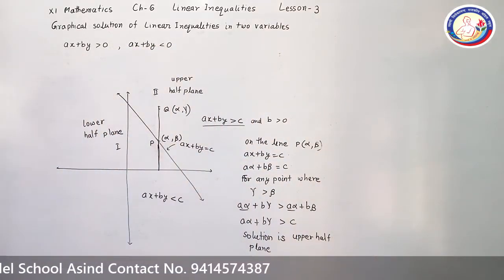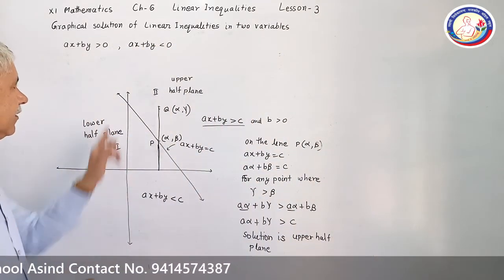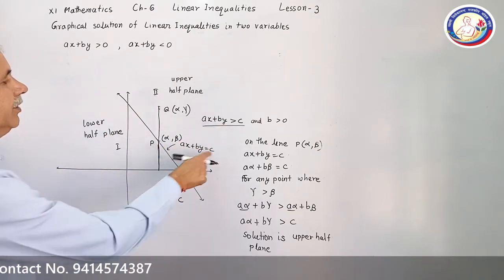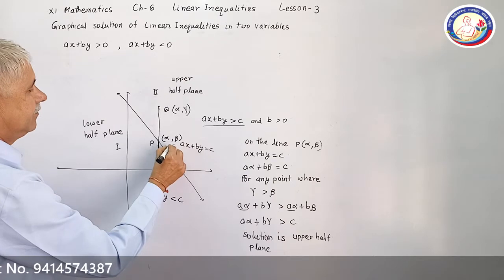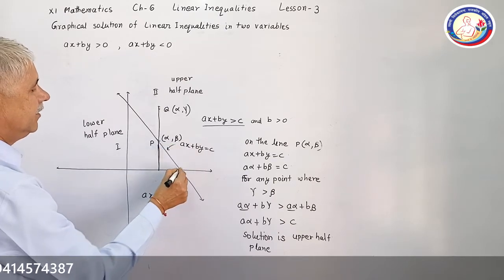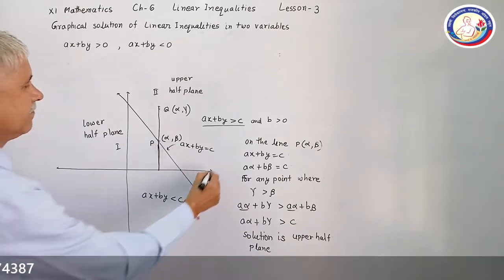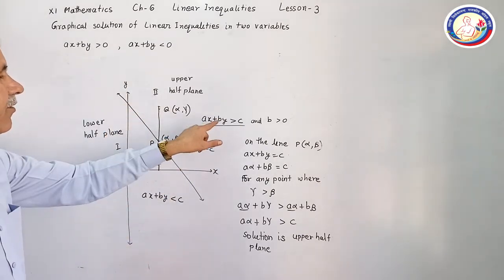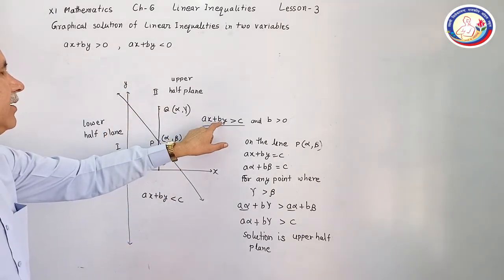See this figure. This is the graph of a line ax plus by equal to c. It meets the x-axis here and the y-axis here. Here the value of b is positive, it is greater than 0.